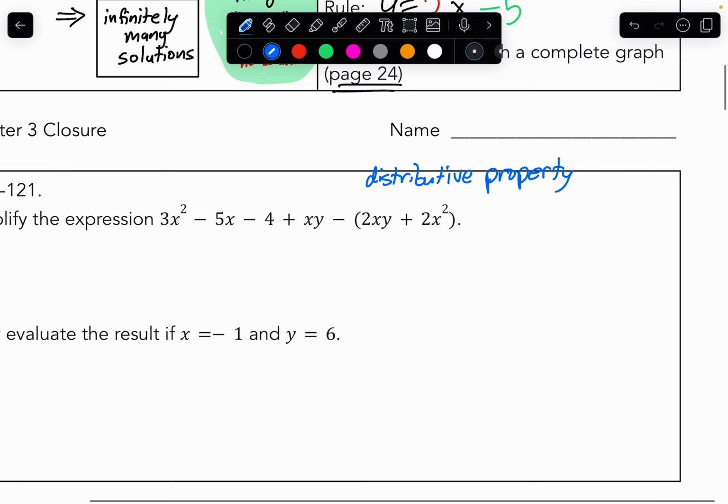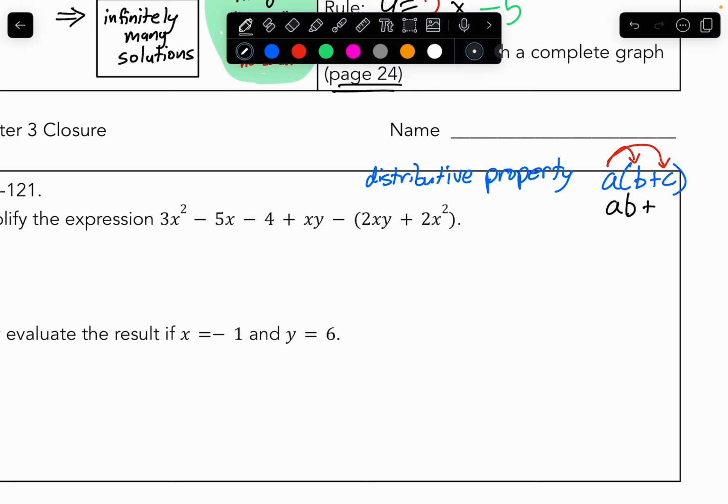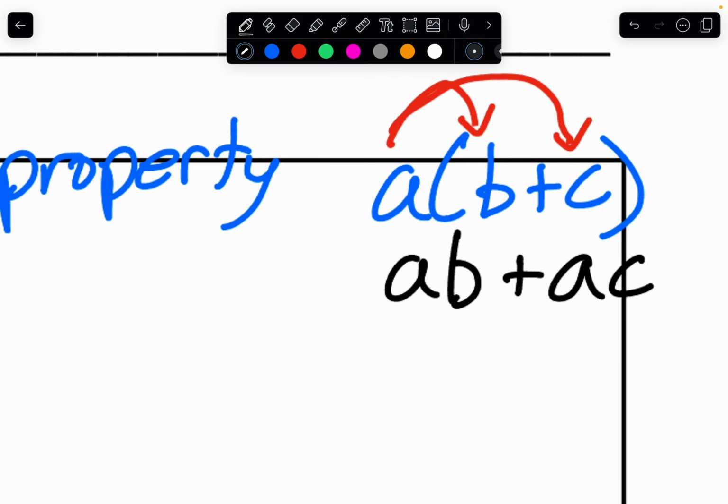Distributive property means if we have A times B plus C, we can do something called distribute. Everything that A includes needs to multiply by B, and everything that A includes also needs to multiply by C wherever the parentheses end.